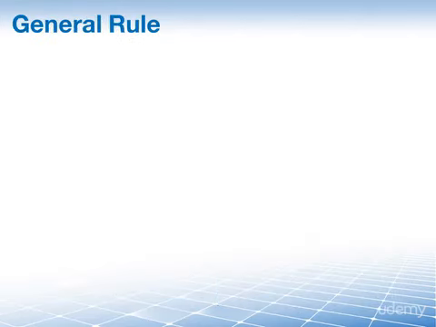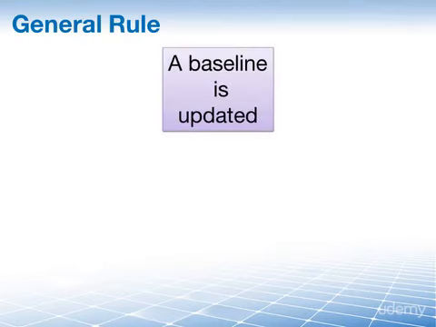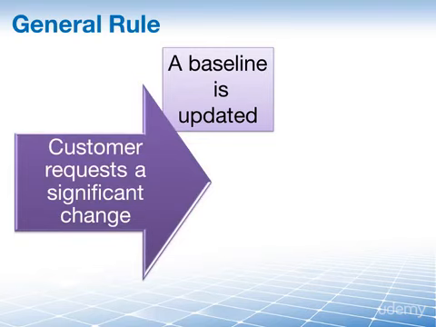As a general rule, a baseline is updated whenever your customer requests a significant change. And by significant, we mean something like adding additional features to a product. That would be considered a significant change, which would require a change request and subsequent approval via the Perform Integrated Change Control process.